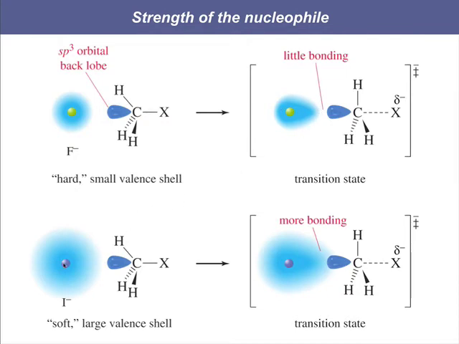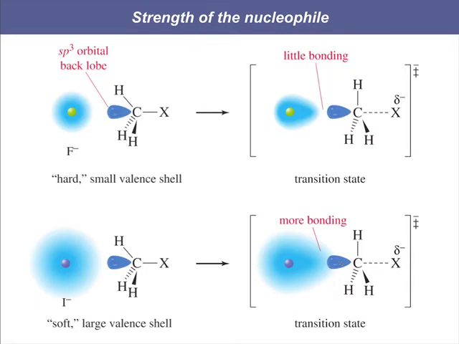Iodide is the opposite case. Iodide has a huge, big, squishy, electron-filled valence shell. There are 53 electrons in iodine, so 54 electrons in iodide. Lots of electron density here that can kind of be smushed and spread out. So we can get more bonding from iodide because it can smear out its big, squishy, soft, large valence shell and reach that antibonding orbital.